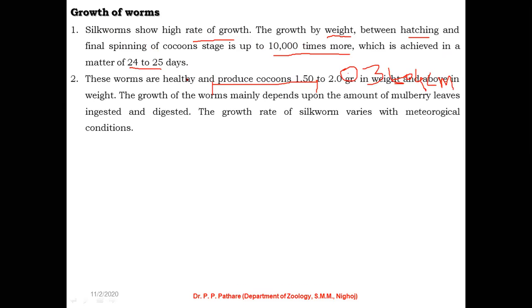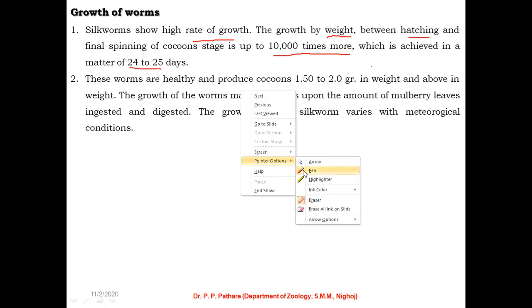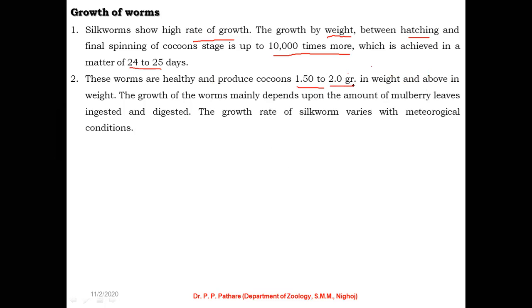Now the next point: these worms are healthy and they can produce cocoons of 1.50 grams to 2 grams in weight and above.